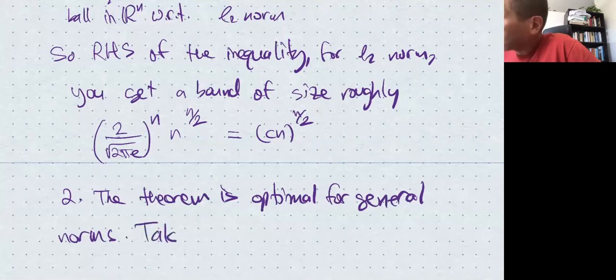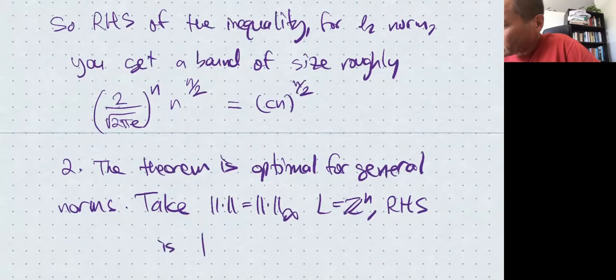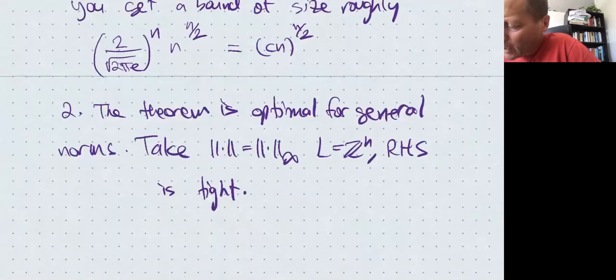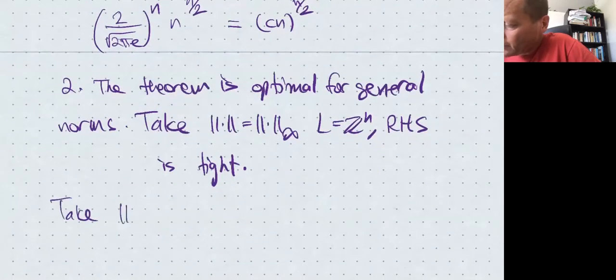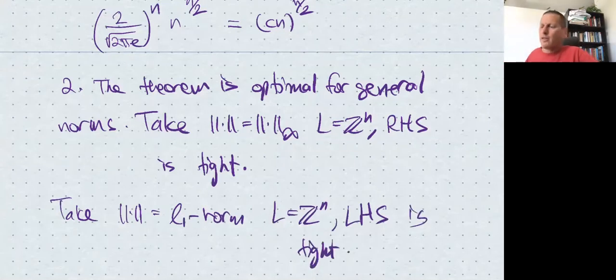If you take the norm to be the sup norm and L to be the integral lattice, then you can see that the right-hand side inequality is tight. If you take the norm to be the L1 norm and the lattice to be Z^n, then the left-hand side becomes tight. So the statement is tight if you care about the generalization, if you care about the general norm.